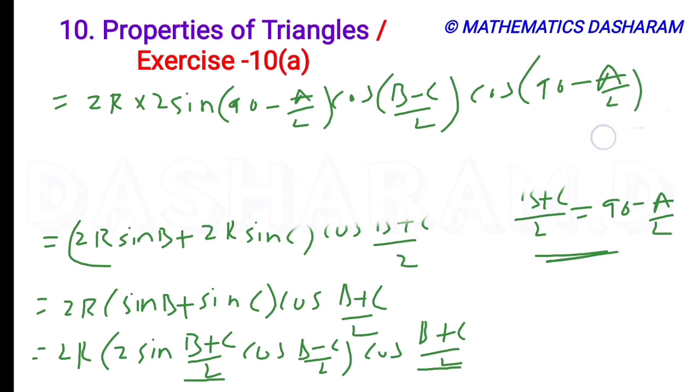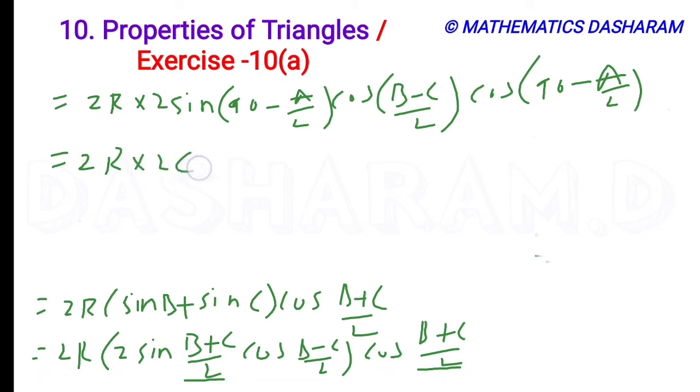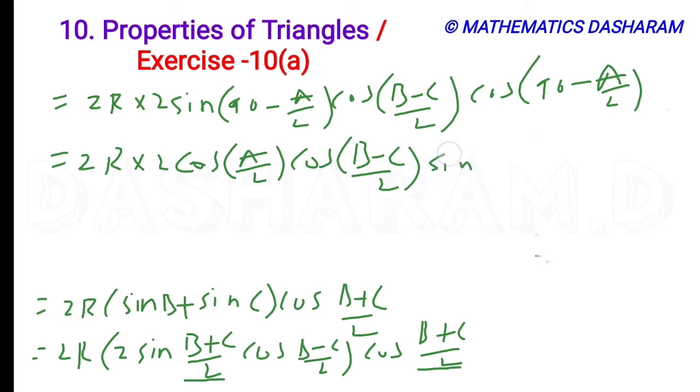So cos (90 minus theta) is sin theta and sin (90 minus theta) is cos theta. So then here 2 into cos a/2 into cos (b minus c)/2, here cos (90 minus theta) is sin theta, so sin a/2.